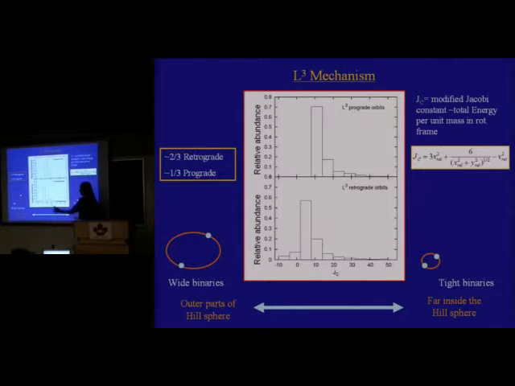Basically, it's just a measure of the separation. So the widest binaries, close to the outer parts of the Hill sphere, are on one side, and very tight systems on the other. You find these are the retrograde binaries and these are the prograde binaries. And as expected, in the outer part of the Hill sphere, you get only retrograde systems. There are no prograde systems in this region. Once the orbit is sufficiently tight, this difference goes away and you can have prograde and retrograde binaries.